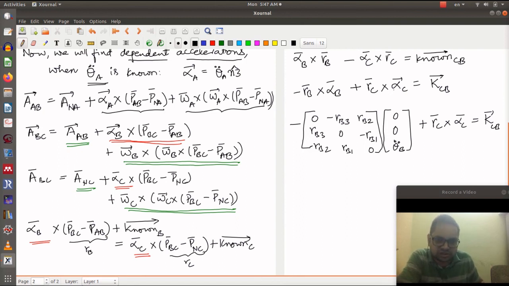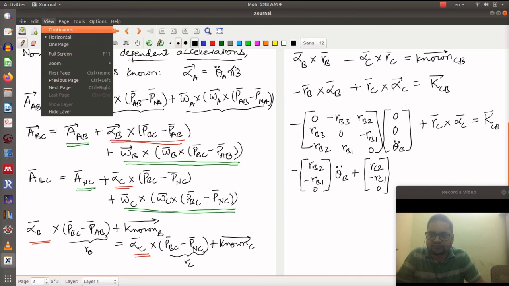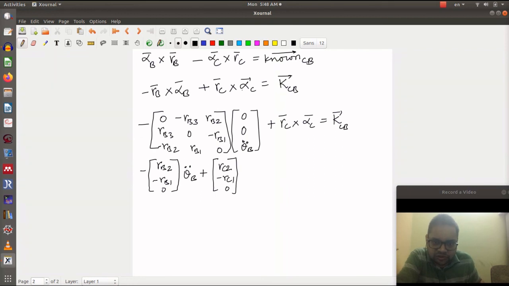Okay, so now in this, what is left out is minus RB2, RB1, 0, times theta B double dot, plus same for the other one, RC2, minus RC1, 0, and theta C double dot for this is equal to KCB1, KCB2, this one 0.